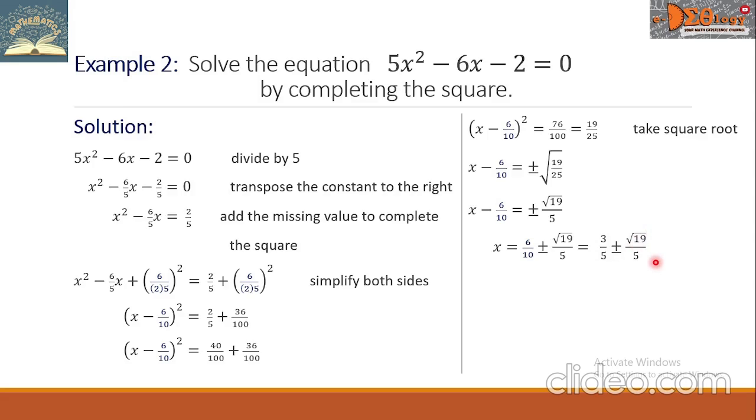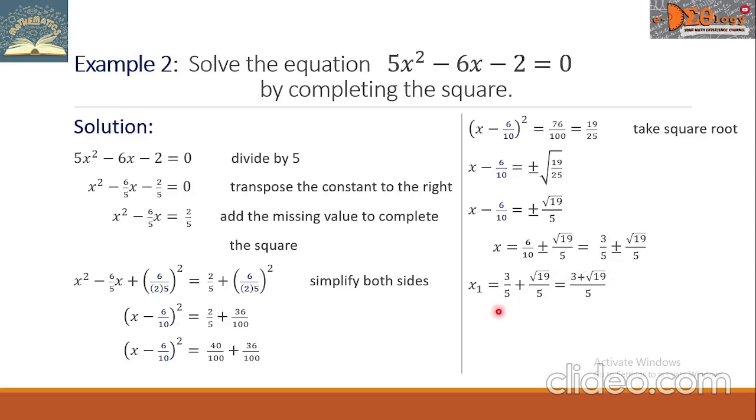Let us show now the two values of x, one using the plus, the other using the minus. Let's begin with the first, x sub 1 using the plus. So we have 3 over 5 plus square root of 19 over 5. We have here like fractions, so we can combine the numerators. So 3 plus square root of 19 over 5.